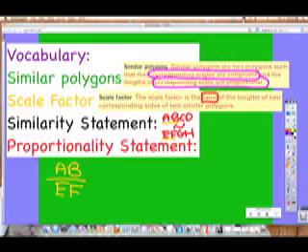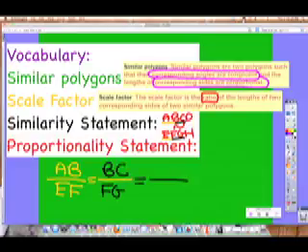So that would equal side BC over FG, which would equal side, keep going, CD over GH, which would equal, okay, let me know the last one I'm missing. Perfect.